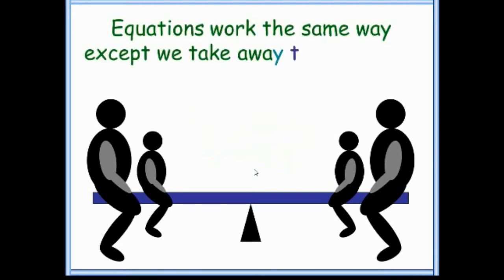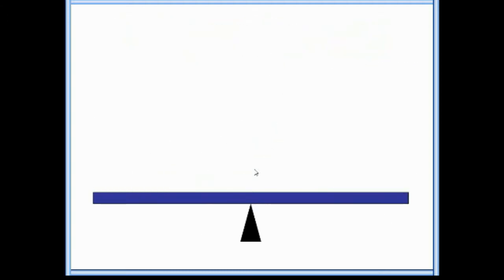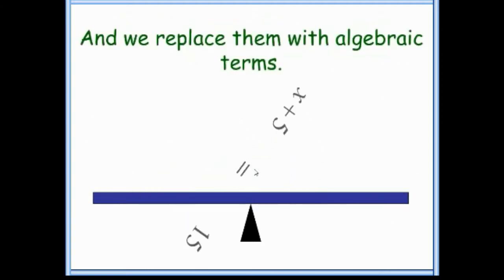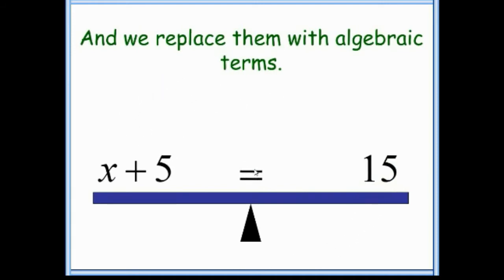So equations work the same way, except we do not use people. We use letters like A, B, C, D, X, Y, Z, etc. For example, say the equation is x plus 5 equals 15. And our objective is to find the value of x.